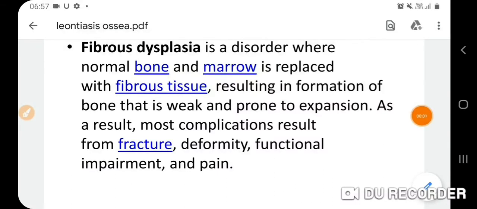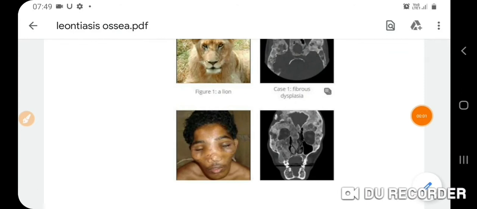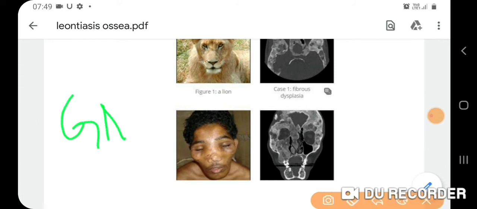Basically, it is a developmental tumor-like condition characterized by replacement of normal bone by proliferation of cellular fibrous connective tissue with irregular bony trabeculae. The etiology of the disease is a mutation in the GNAS gene. Mutation in this gene is responsible for fibrous dysplasia.